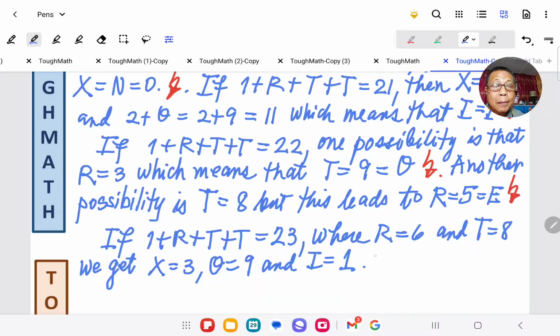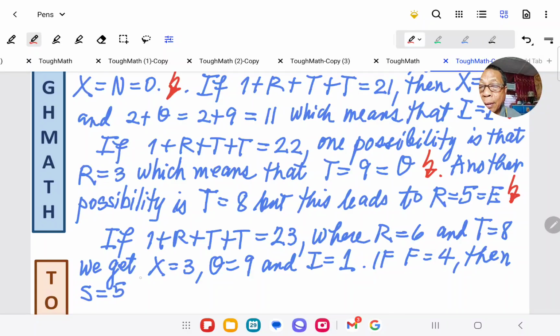If F is equal to 4, then S equals 5, which is another violation.